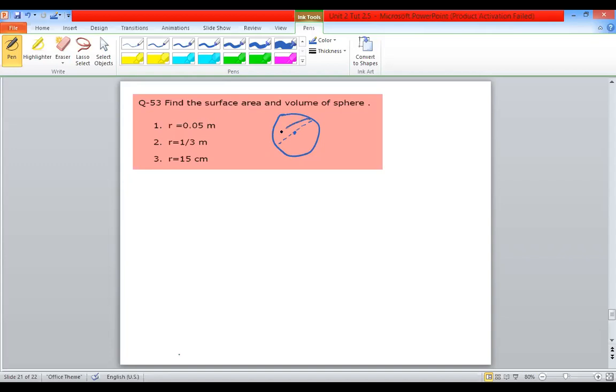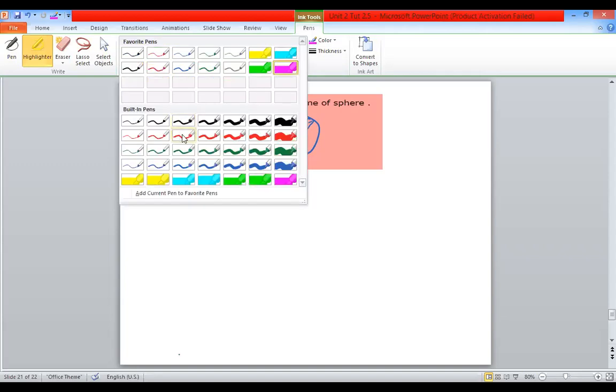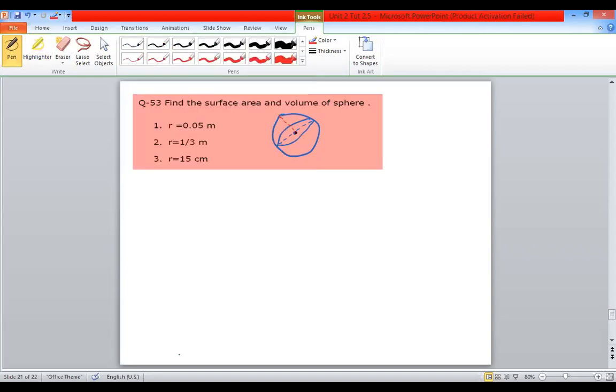If I draw one circle here, the second circle is here. If you draw the third circle, this part represents the third circle, and this is your last circle. These four circles represent a sphere. But it's hard to see every time.